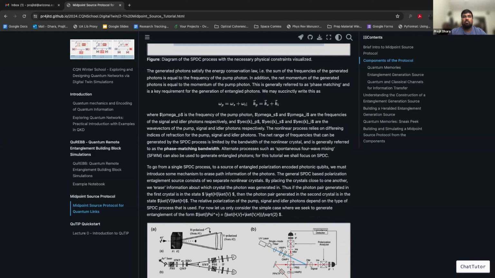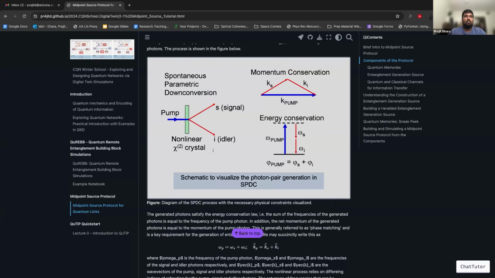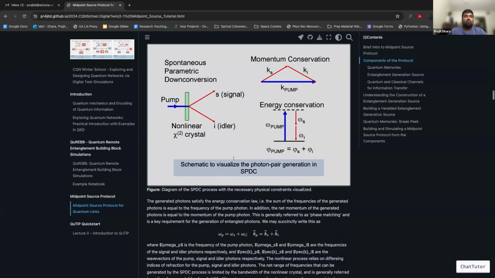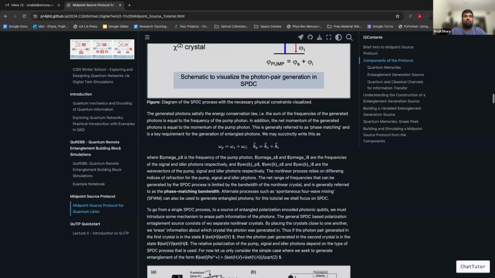In this terminology, they don't look entangled, but in fact a single SPDC process not only has the ability to generate a signal and idler, but a more general state known as the two-mode squeezed vacuum, which has higher order signal and idler terms. At first order, however, you have, let's say, H and V from the first nonlinear process.